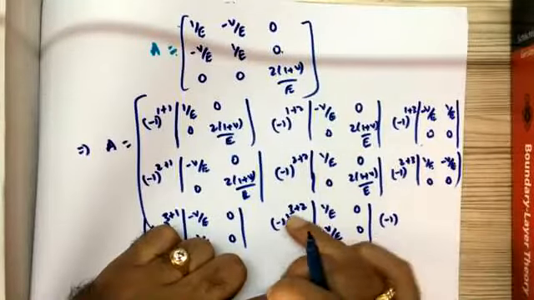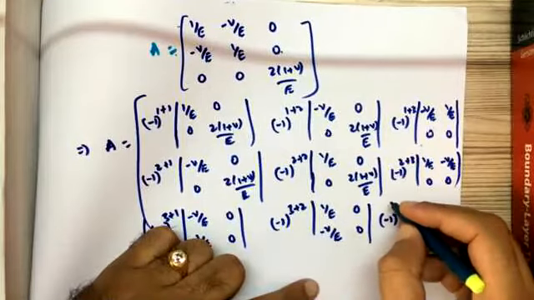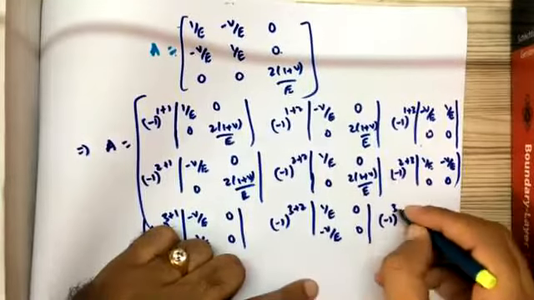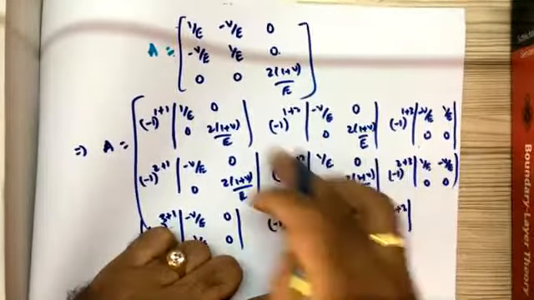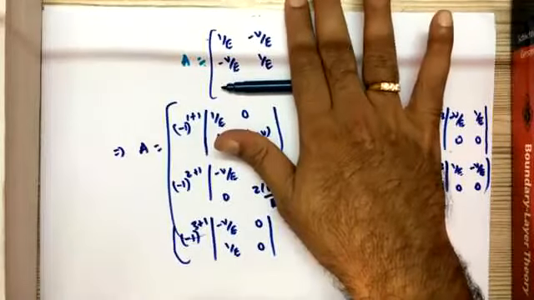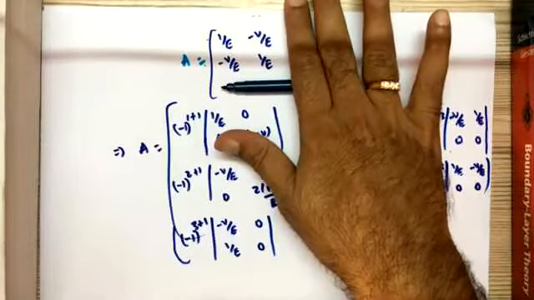Okay, so minus 1 whole power 3 plus 3. Third row, third column, the last element. You eliminate that particular row and column. What is remaining? 1 by e, minus nu by e, minus nu by e, 1 by e.